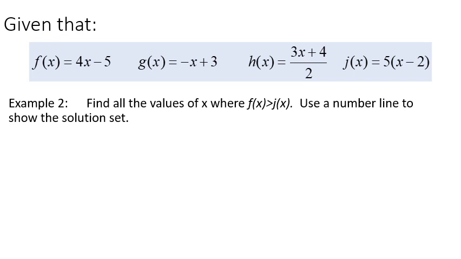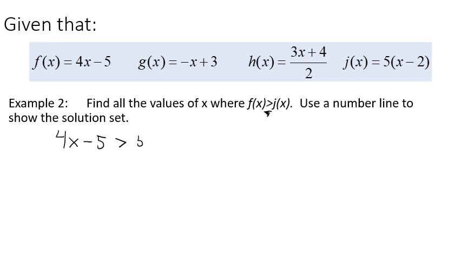Now we want to find all values of x where the function f is greater than j. And when we're done, we're going to use a number line to show the solution set. Similar to last time, I have f, which is 4x minus 5, and I want to see where it is greater than j of x.